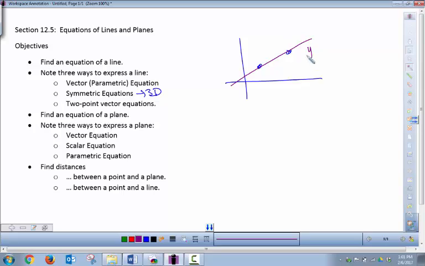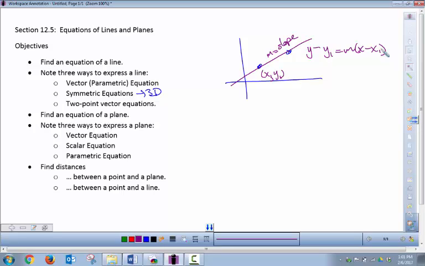And so we got, let's call it x1 and y1, and then the slope is m. So y minus y1 is equal to m times x minus x1. So that's our usual way of finding the equation of a line.